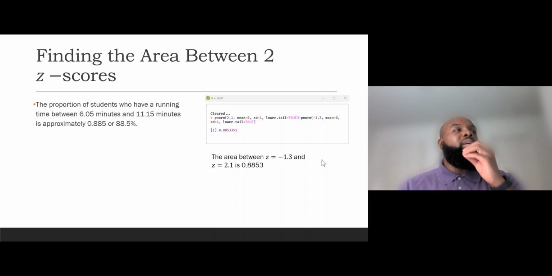That way you will know which area you're looking for and how to adjust, either using lower.tail equals true, lower.tail equals false, or doing a subtraction if you want the between. All right. And then I may throw in an extra example just to make it a little spicy to ensure that we are very comfortable with calculating probabilities and proportions from the normal distribution.